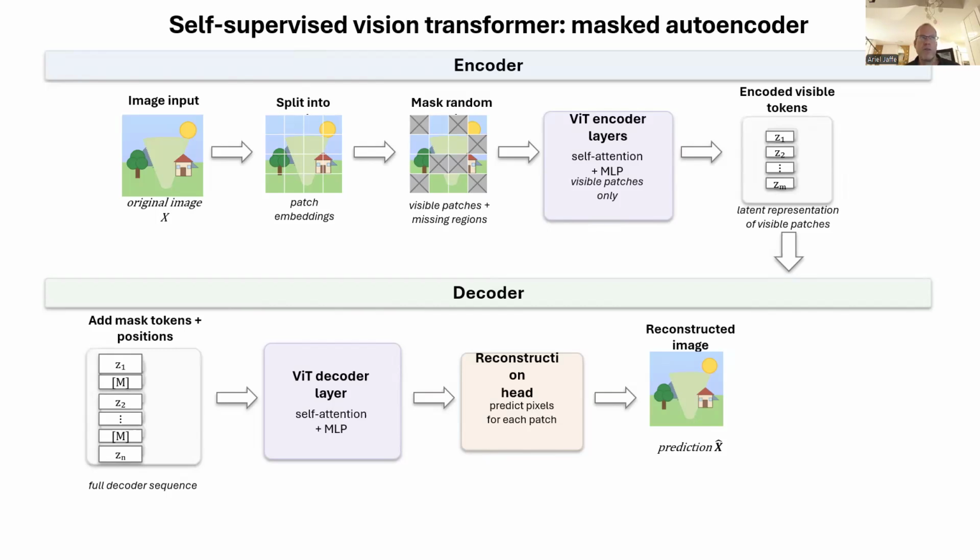You can use the token embeddings as an input to any learning algorithm that you would like. And one thing I forgot is the loss function. Basically, the loss function here is some measure of difference between the reconstructed image and the original.